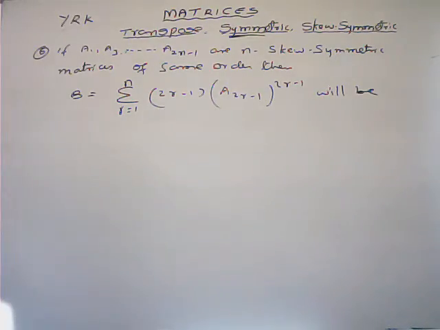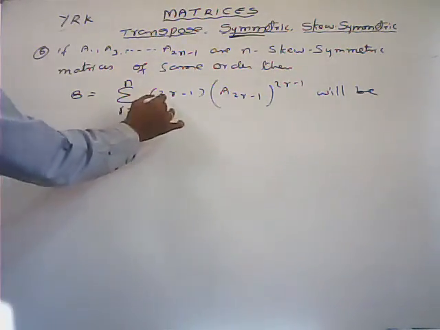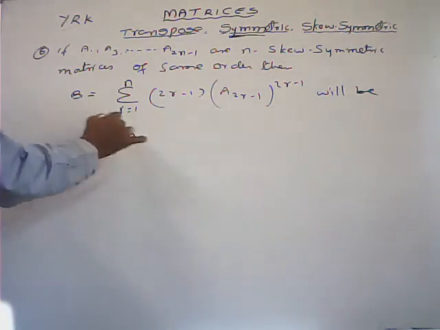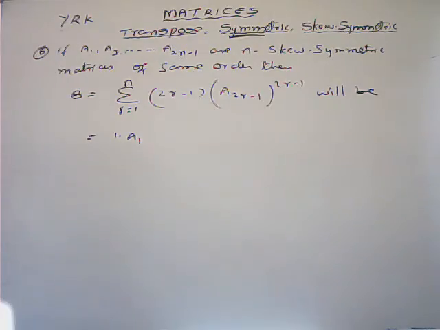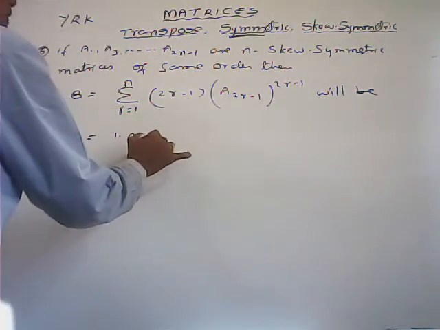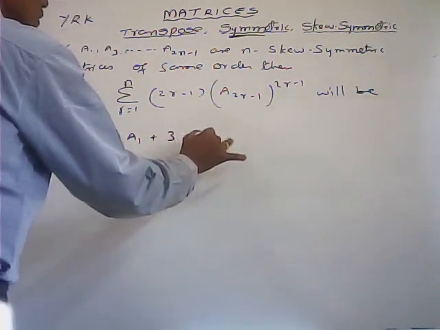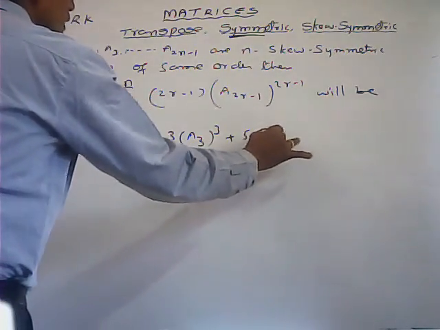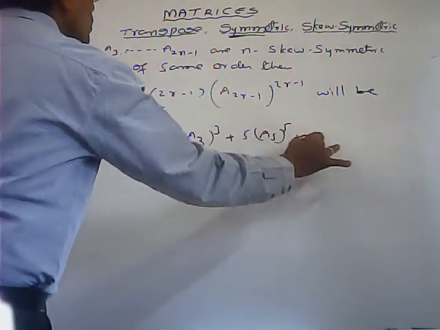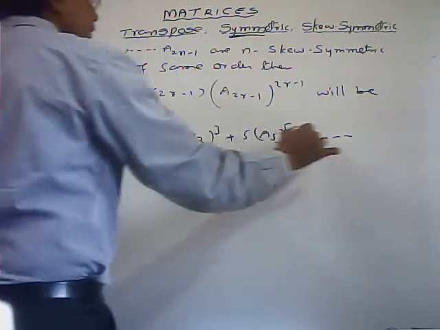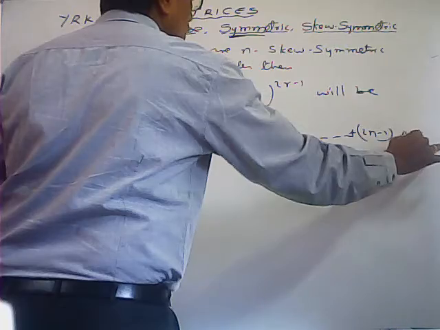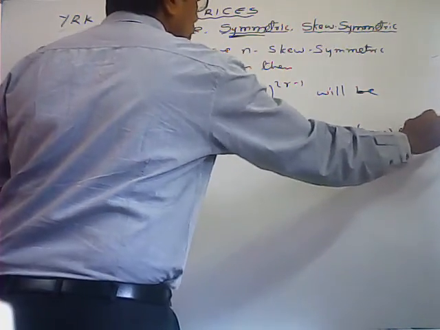See here, if I expand this one, r equals 1, I take 1 into A1 power 1. For r equals 2, that is 3 into A3 whole power 3, plus 5 into A5 whole power 5, plus 1 so on, for n, plus 2n minus 1 into A 2n minus 1 whole power 2n minus 1.